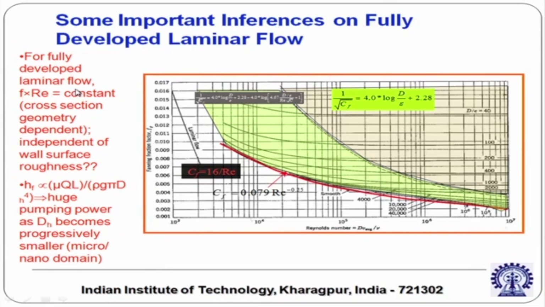The second remark is that you see HF is proportional to mu QL by rho G pi d to the power dH to the power 4, hydraulic diameter to the power 4. In this case the hydraulic diameter is the diameter itself. So that means that the head loss for a given flow rate is inversely proportional to the fourth power of the diameter.